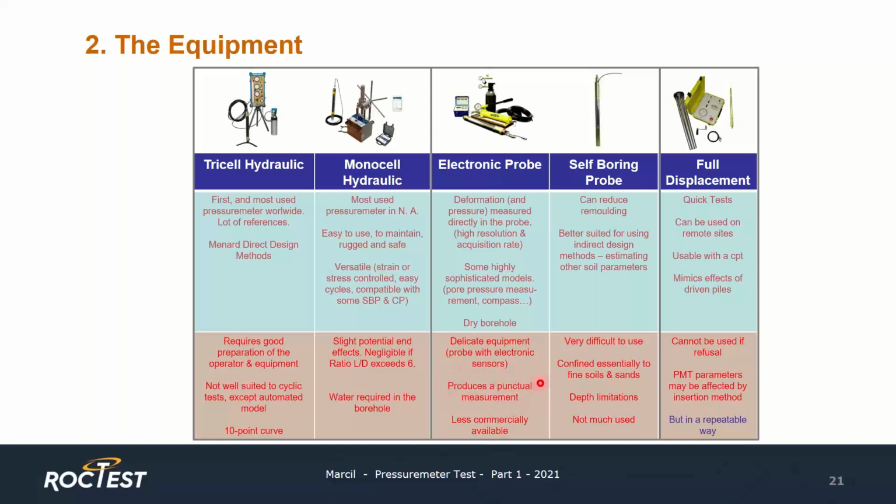Also, this equipment will take a measurement at a specific point at the center of the probe. Some will argue that it is better to have an average measurement over the entire length of the probe, as a volumetric probe gives. And finally, some of these models are less commercially available.